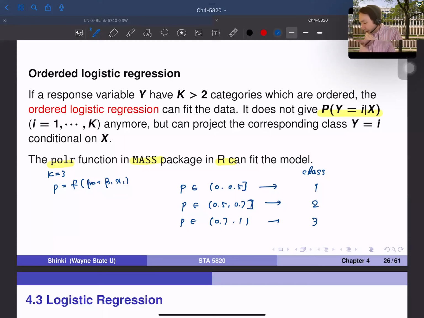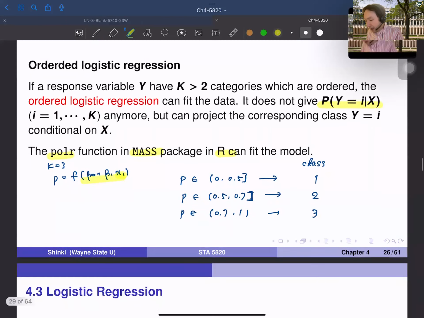So basically, we have the same predictor and the same model, and based on the score we judge the class. If p is less than 0.5, class 1; between 0.5 and 0.7, class 2; 0.7 to 1, class 3.